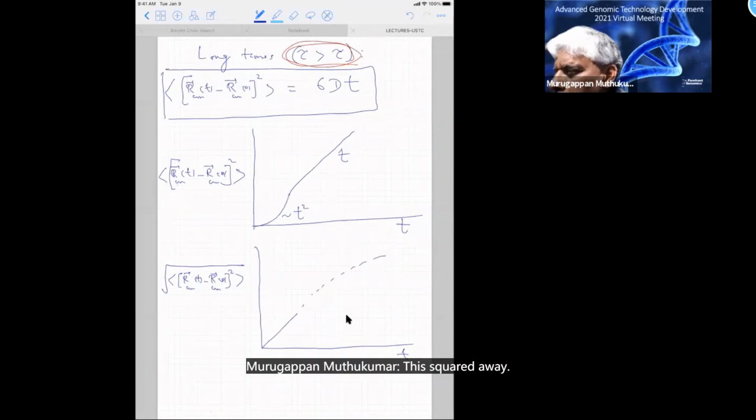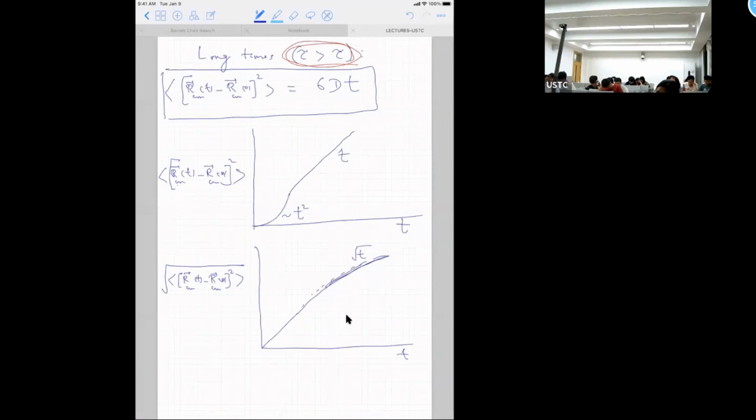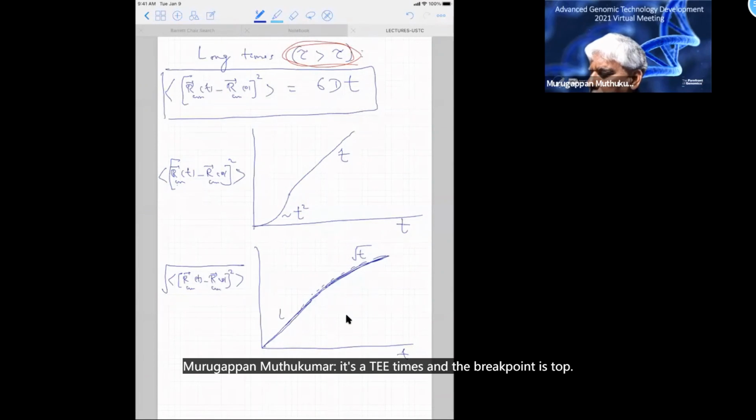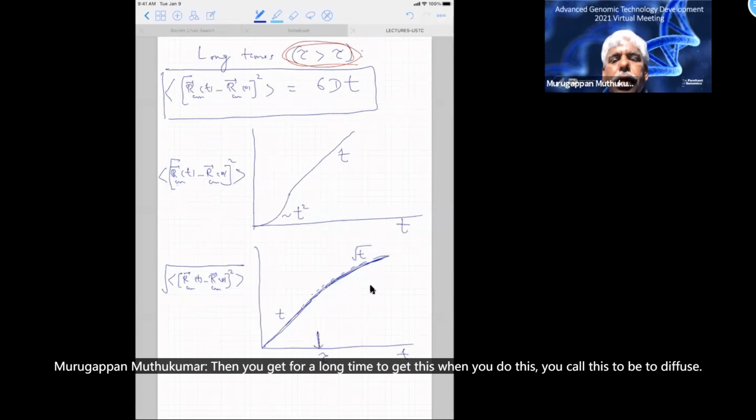This is the square root of t. The break point is tau, and for long times, you get this.